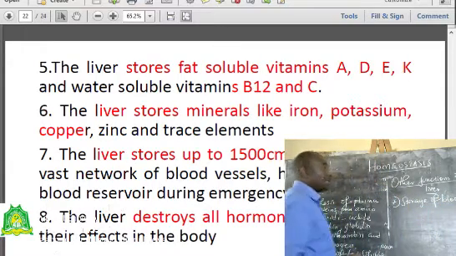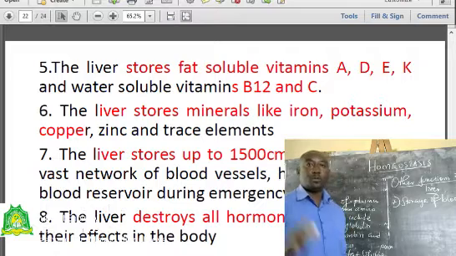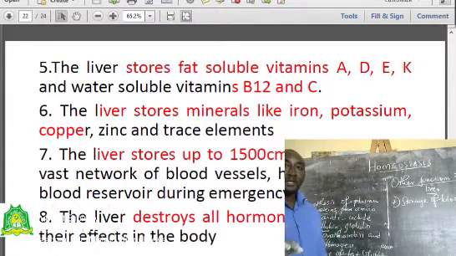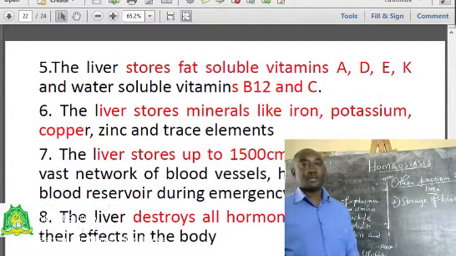The key factor that allows the liver to store blood, one of them is it is elastic. But most important, because the blood vessels in it are elastic, they can expand to accommodate more blood, especially in situations where the body is stressed.